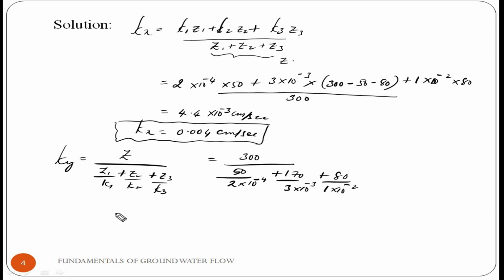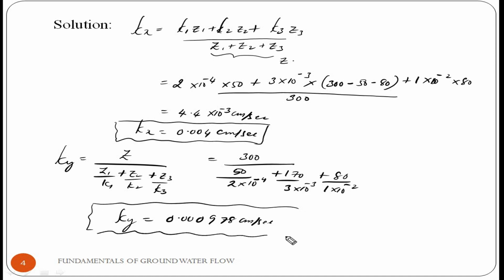So if you calculate the value, it is coming around Ky is equal to 0.000978 centimeter per second. So this is the average coefficient of permeability perpendicular to the bedding planes.